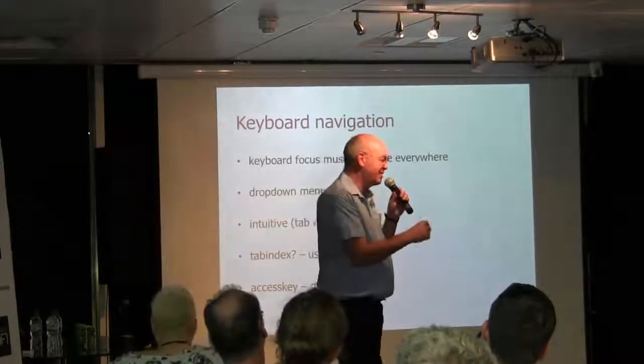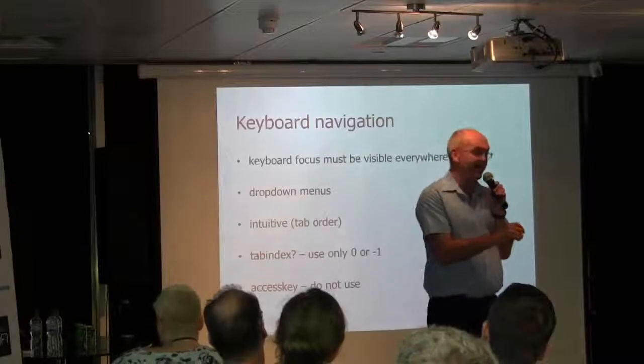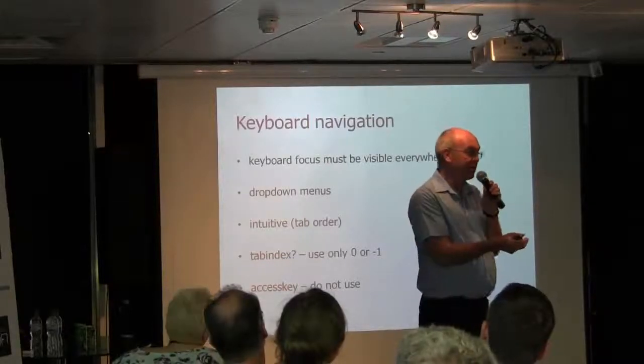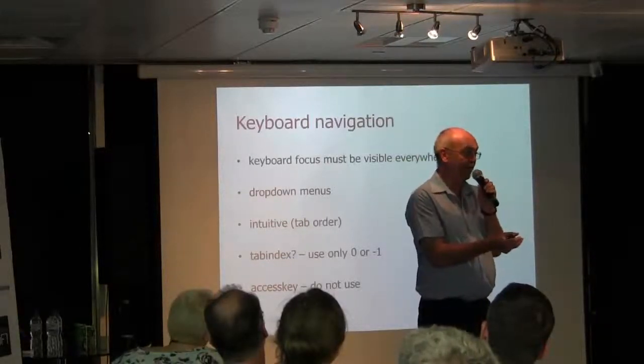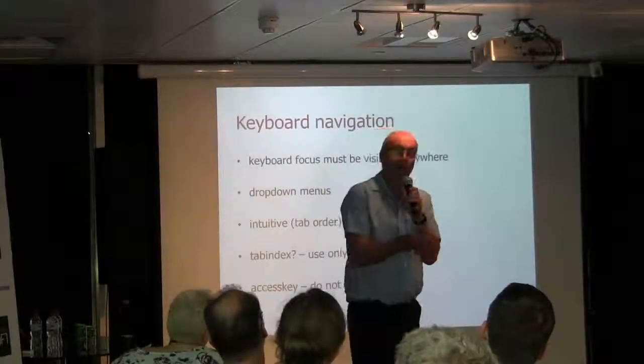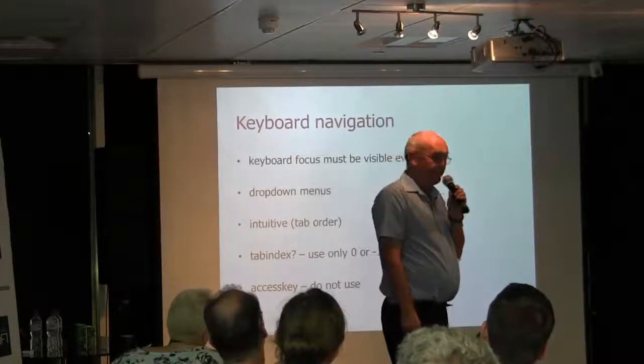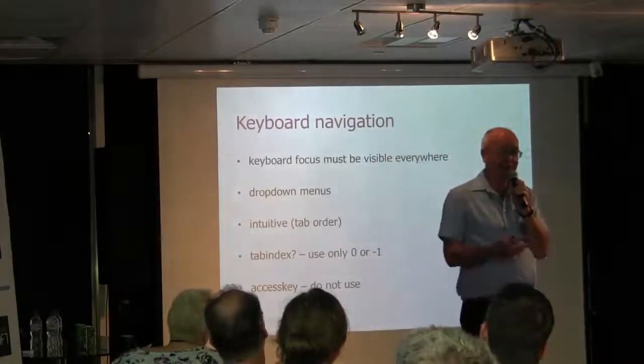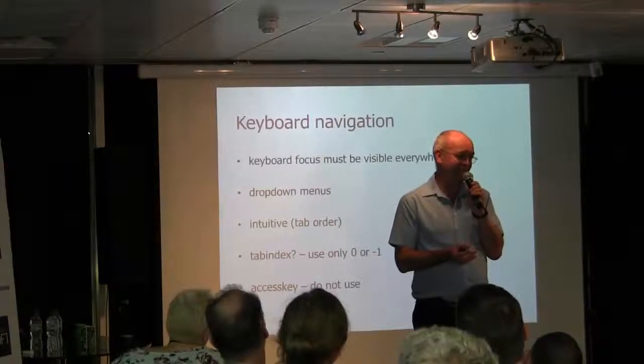Drop-down menus, this is something that a lot of things actually get very wrong. Drop-down menus need to be operable by keyboard only. Now there are lots and lots of websites out there that fail that test. Keyboard navigation must be intuitive, the guidelines say, and what they're talking about there is the tab order must make sense.